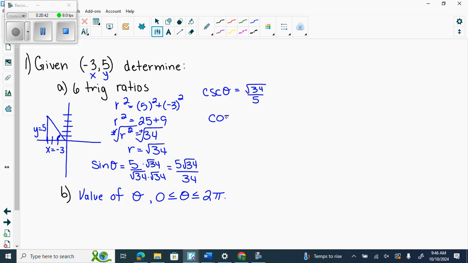Then I have cos theta, x over r. So I get negative 3 over root 34. Rationalize: negative 3 root 34 over 34. Best friend of cosine is secant, root 34 over negative 3.